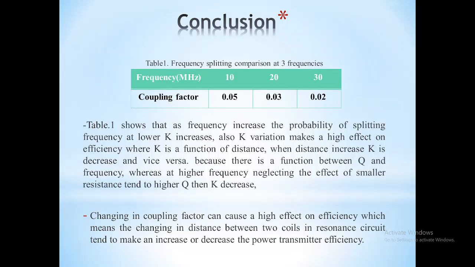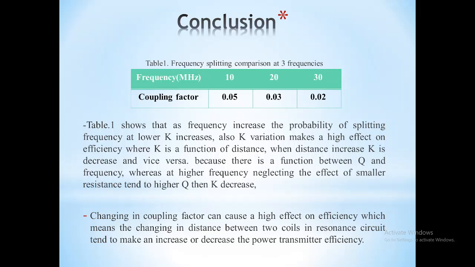From the conclusion, we can see table 1, the frequency splitting comparison at three frequencies. At 10 MHz, the frequency splitting phenomenon occurs at coupling factor equal to 0.05, at 20 MHz it occurs at coupling equal to 0.03, and finally at 30 MHz it occurs at K equal to 0.02.